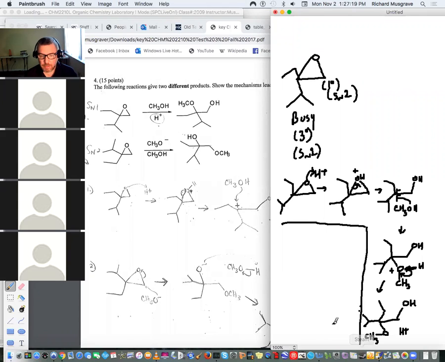The bottom one is fewer steps. And because it's primary that's being attacked, it's going to go SN2, which is 1 step. And that is going to be O that time, Rebecca.